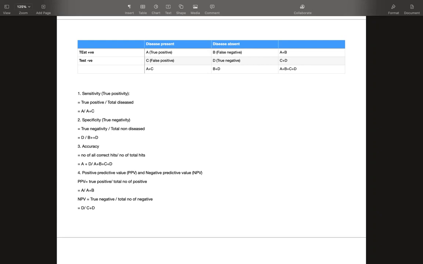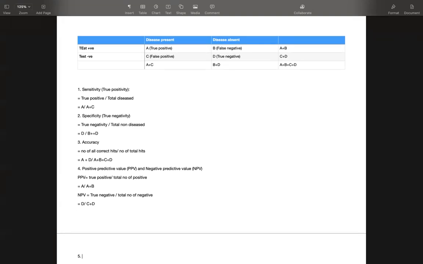Now, in contrast to sensitivity, specificity, and accuracy, which have no relation with the prevalence, the PPV and NPV depend on the prevalence. You will just have to remember this.